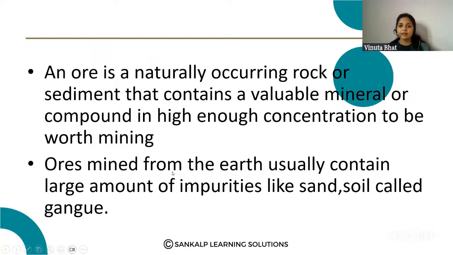Ores mined from the earth usually contain a large amount of impurities like sand and soil, called gangue. These impurities are removed before using. Okay. So please note down the answer.